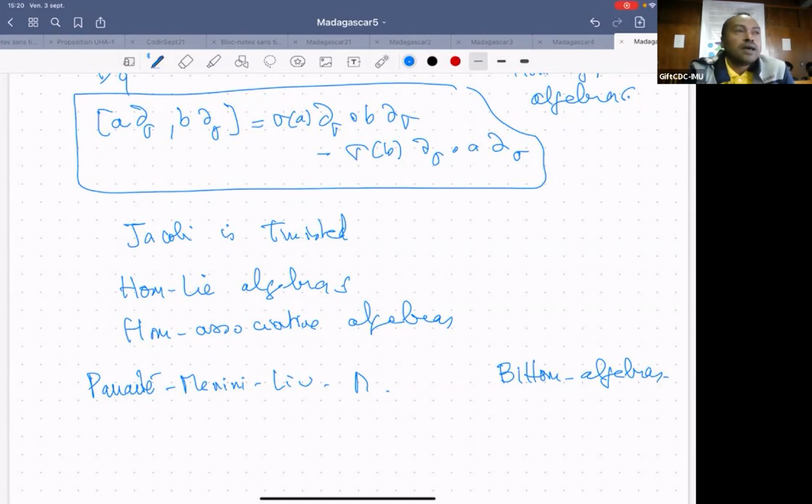As we know, Madagascar doesn't have this topic in the master or PhD study courses. So thank you very much for this new notion.